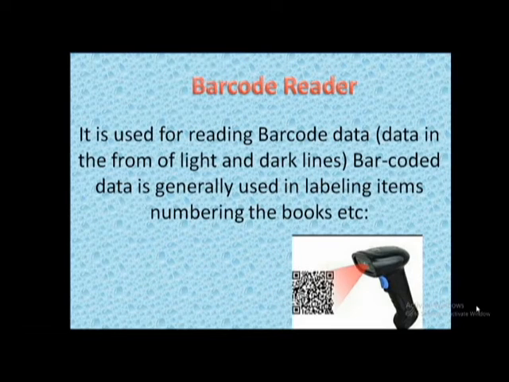Other input device is barcode reader. Barcode reader is a device used for reading barcode data. Barcode data is generally used in labeling goods, numbering the books, etc. It may be a handheld scanner or may be embedded in a stationary scanner.